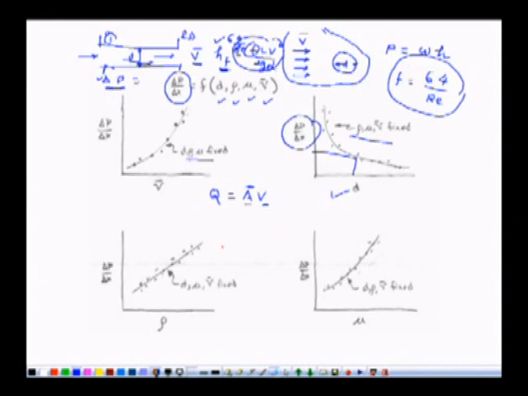Then if we want to answer the question of what is del P over del X for different rho, we must have a large number of fluids having different densities, and we make them flow through the pipe and find out del P over del X for different rho. On this axis, rho, on the y axis, del P over del X, and draw this line.